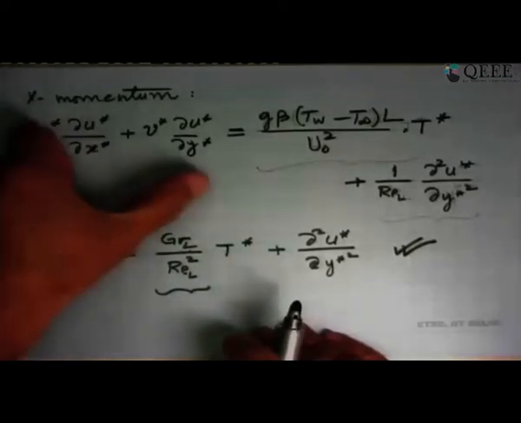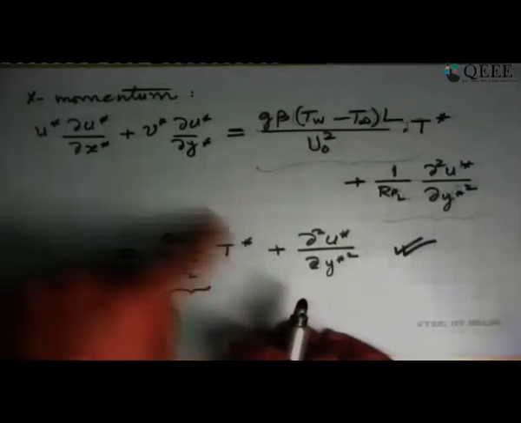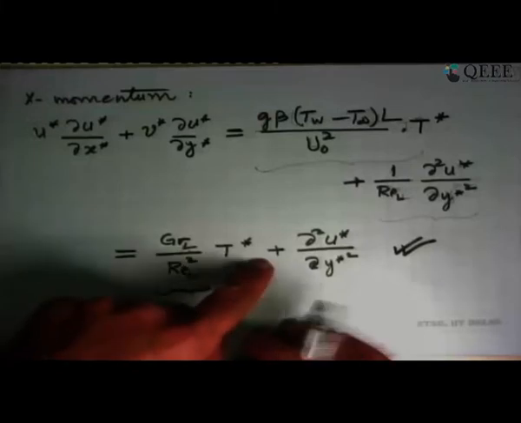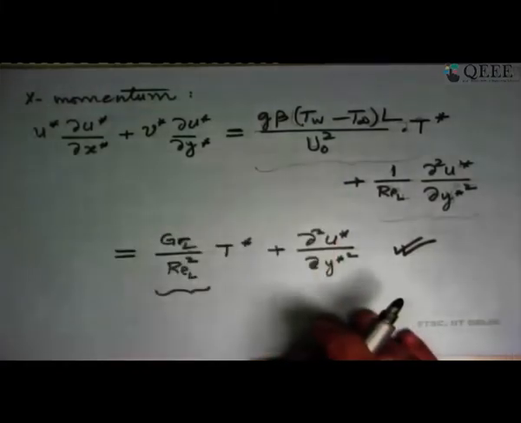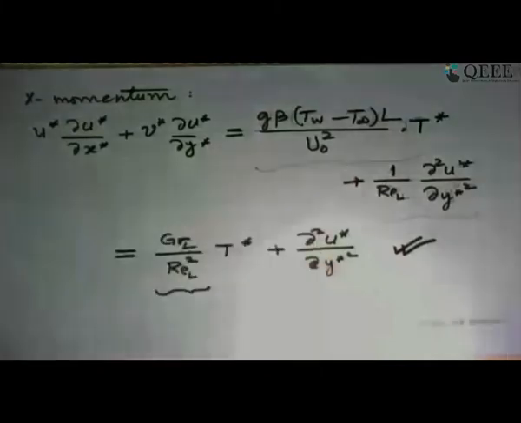Okay, so the left side are the same convective terms. The temperature term has come into the momentum equation, but this extra term is sitting there, GRL upon REL square plus del square u star upon del y star square. So the question is, how did we convert this into this?